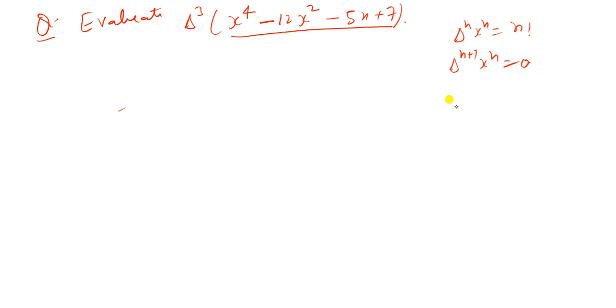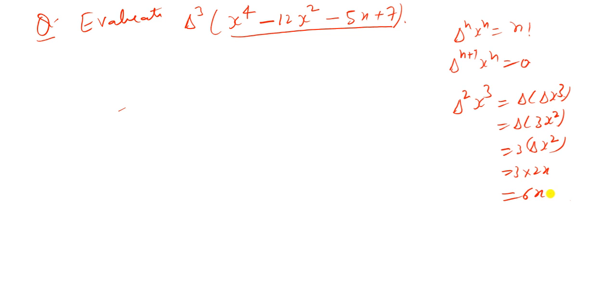If we have, say, Δ² x³, so this is Δ of Δx³. Δ of x³ is 3x², then 3 times Δ of x², so 3 into 2x, so this is equal to 6x.